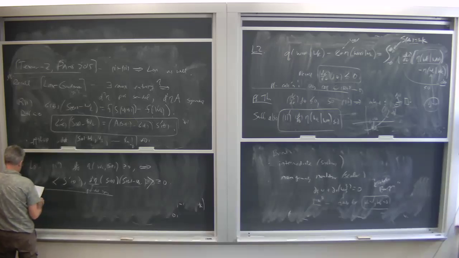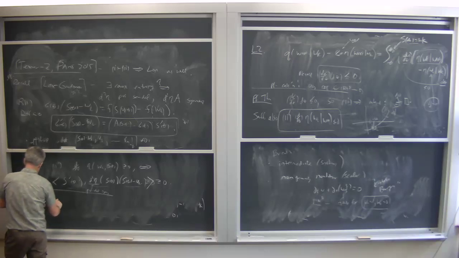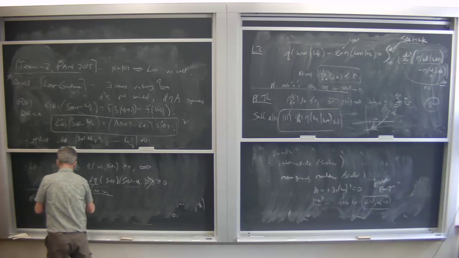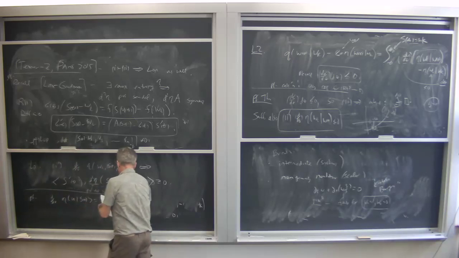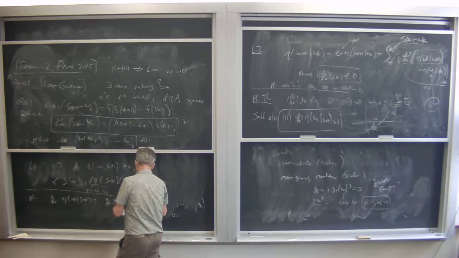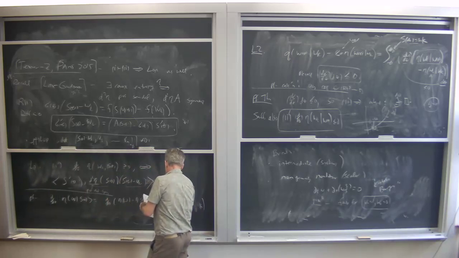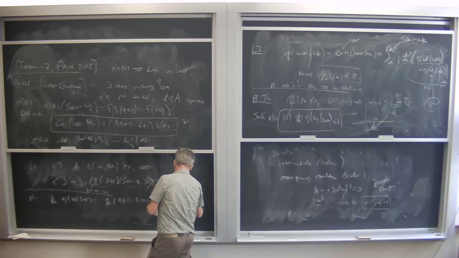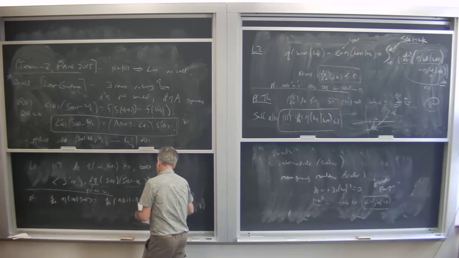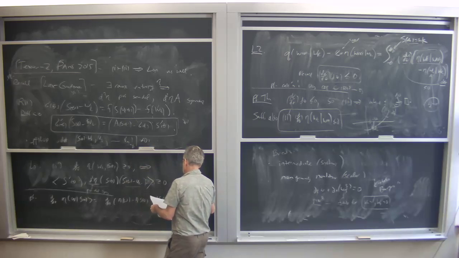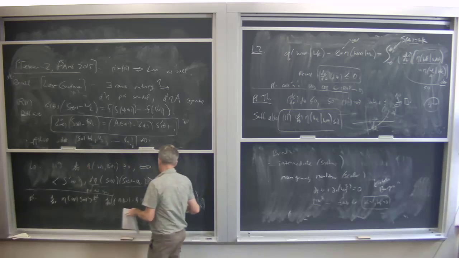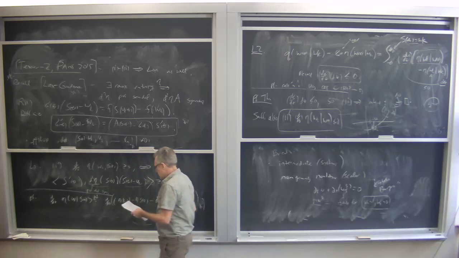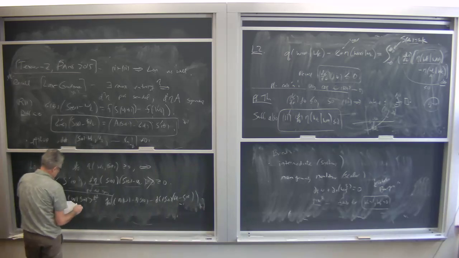Okay, so the proof is: d by d theta of eta of U, S of theta, is equal to d by d theta of eta of W, minus eta of S of theta, minus d eta of S of theta times (U minus S of theta), W. Okay, by definition. Just reminding ourselves what it is.